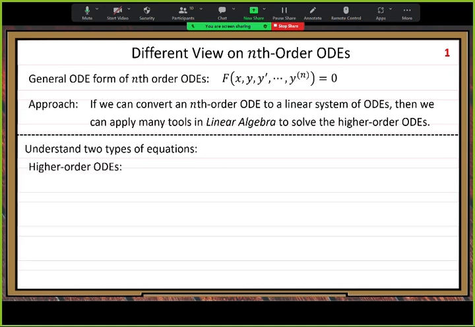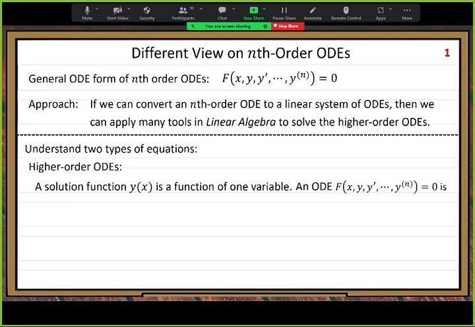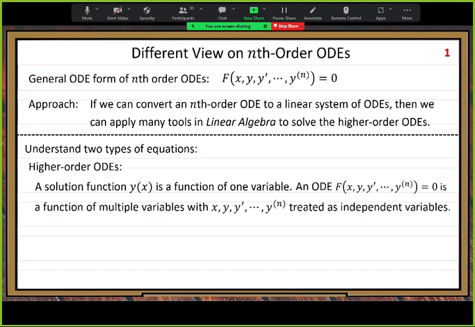Understand two types of equations. In our higher order ODEs, the solution function y of x is a function of only one variable. And in the ODE, F is a function of multiple variables.